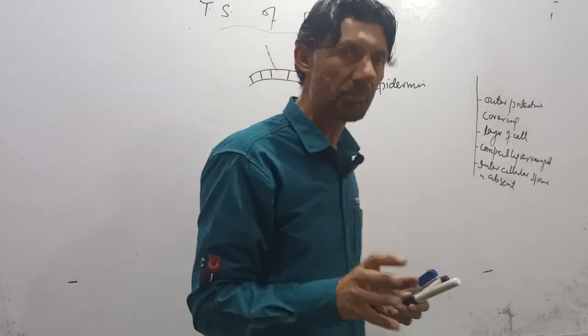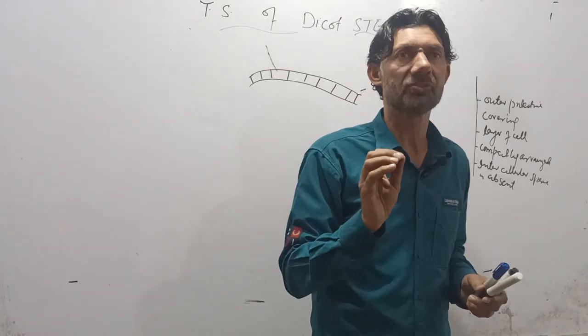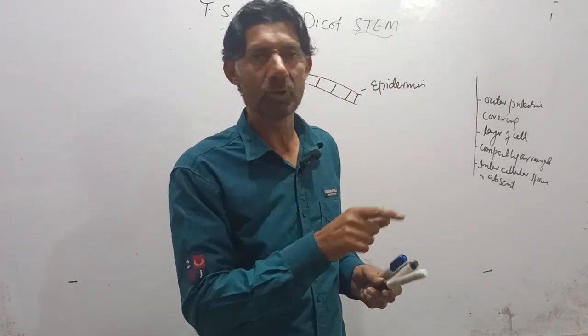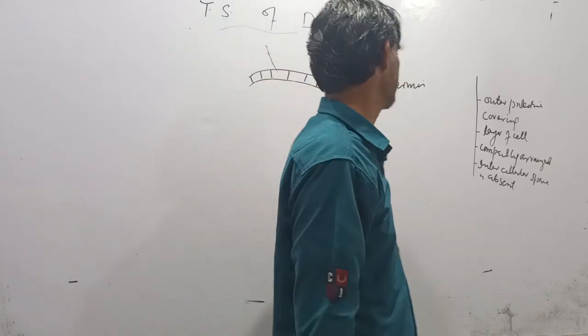That is why they are compactly arranged. Here we can see that the intercellular space is absent.